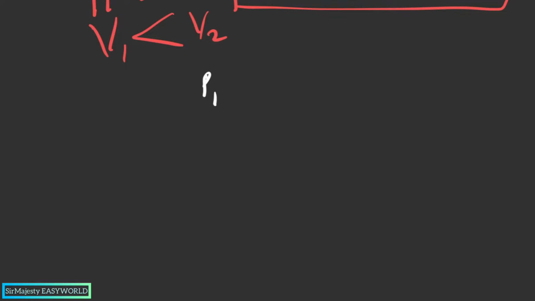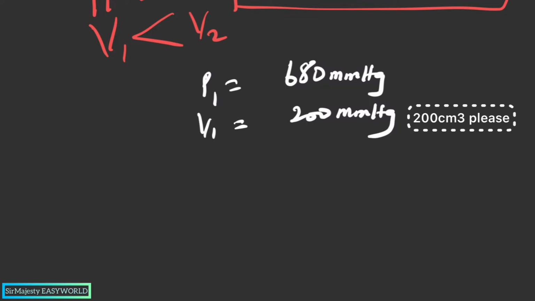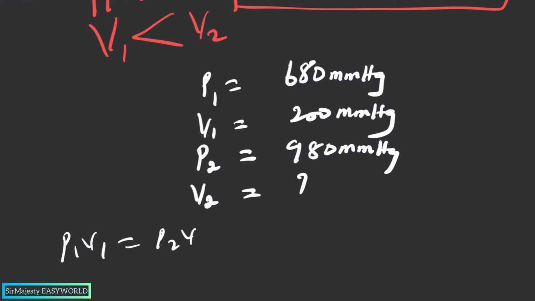after setting every condition you discover that P1 was given, that's the first pressure that was given, was 680 millimeter mercury. Then the first volume that was given was 200 millimeter mercury. Then the second pressure that was given became now 980 millimeter mercury, and you are told to find V2, whereby you make V2 the subject of the formula from P1V1 equal to P2V2.